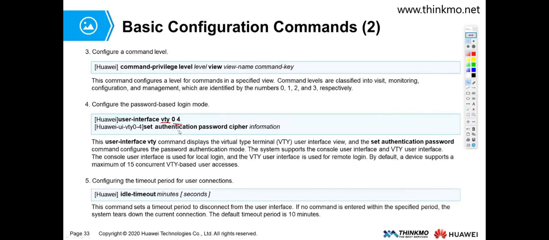This value can be set to a maximum, actually allowing up to 15 users to log into the device simultaneously through VTY. We can set this using the maximum VTY number command in the user interface. If we set the maximum number of login users to 0, it means we cannot log into the device via Telnet or SSH.